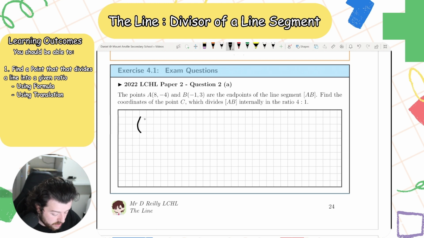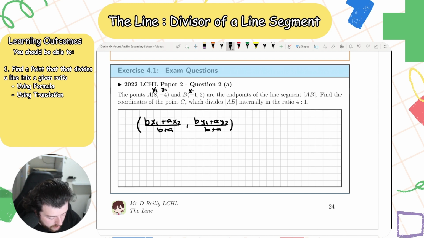So again, use my formula: (bx1 + ax2) all over (a + b), and then (by1 + ay2) all over (a + b). So x1, y1, x2, y2, in the ratio 4:1, so a, b.